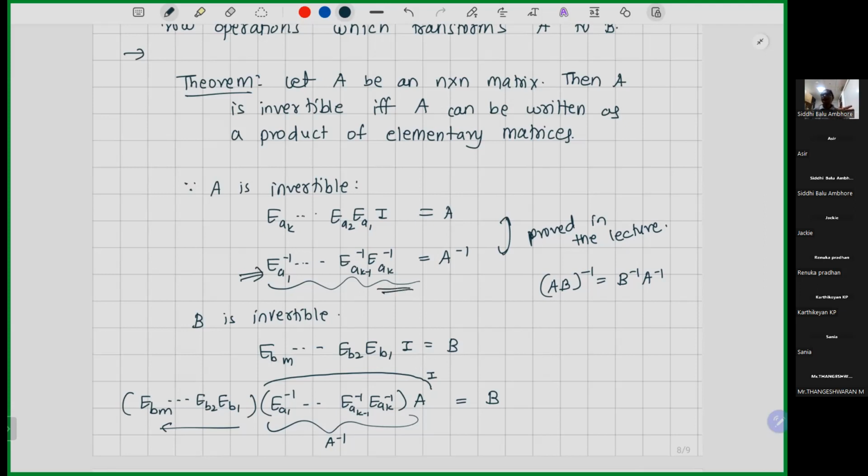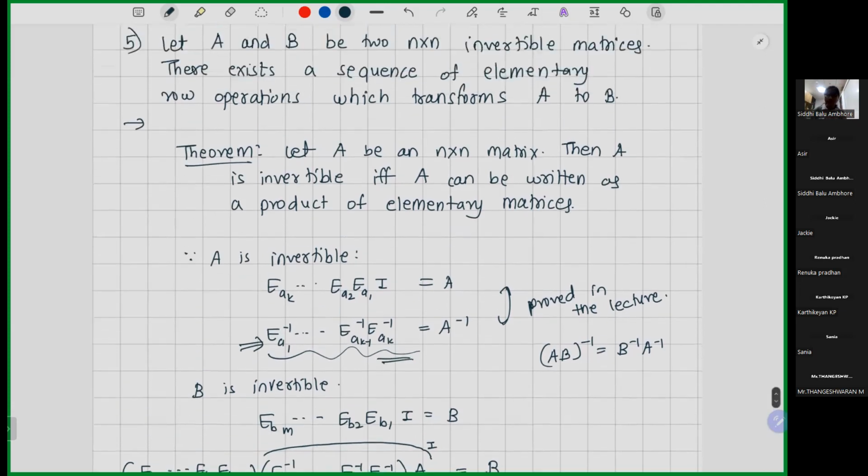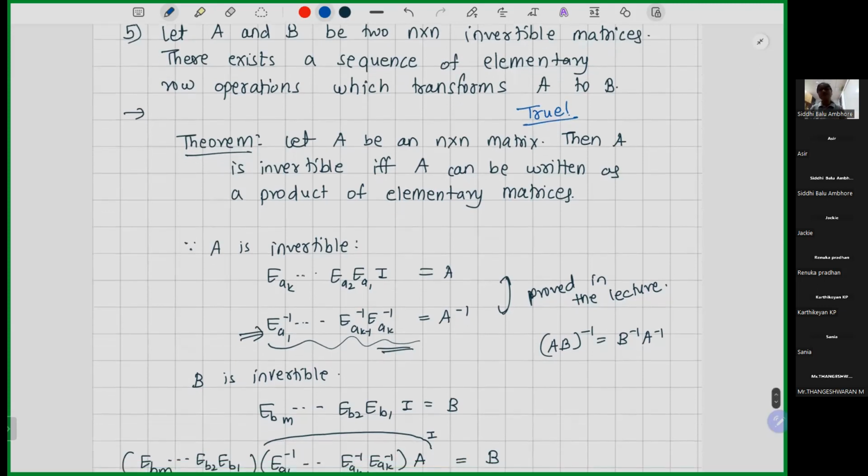And then I go on multiplying by elementary matrices to obtain B. So that's how it goes. Okay, I hope this is clear. So this statement, that I can start with a matrix and apply elementary row operations to get any other invertible matrix, is true.